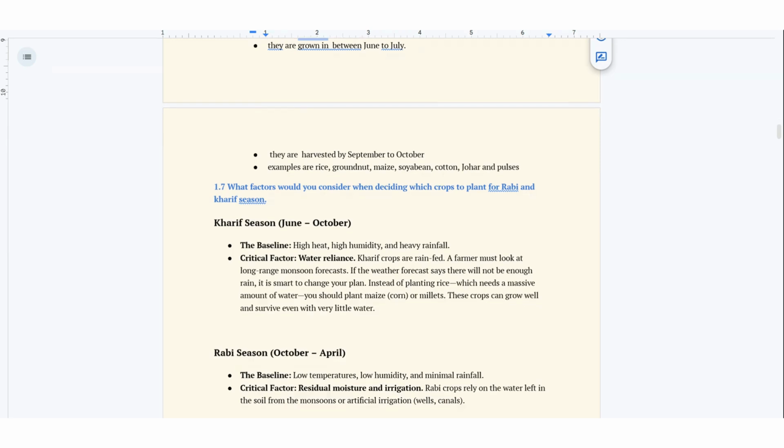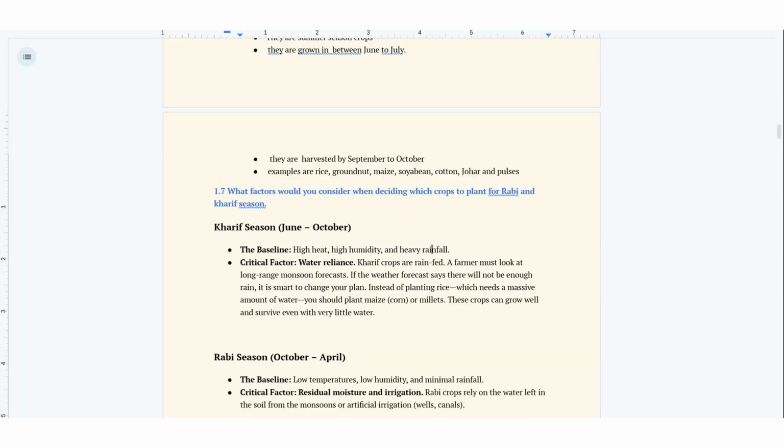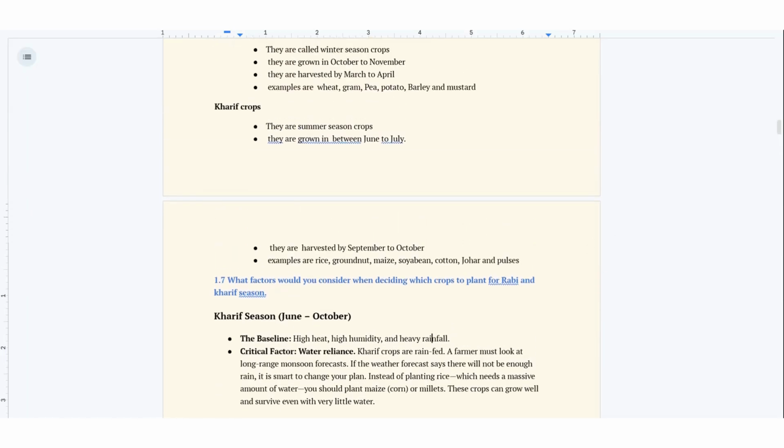If we consider a Kharif crop, what should be the criteria? In summer, we have high heat, high humidity, and we need heavy rainfall because it is summer. Lands will be dry. That is why we need more water because the lands are dry. Remember it this way.